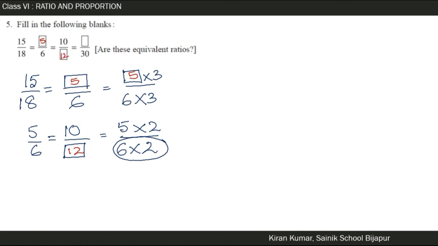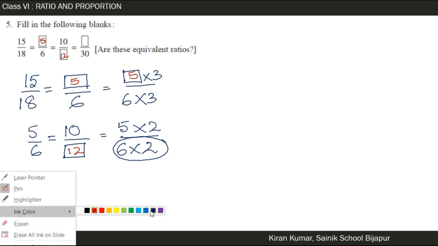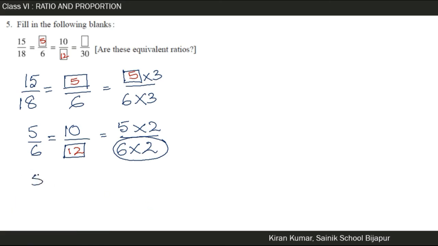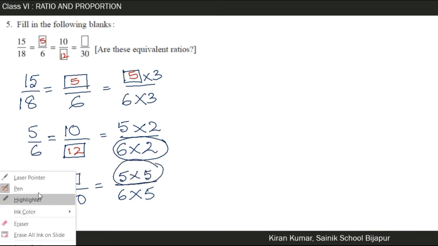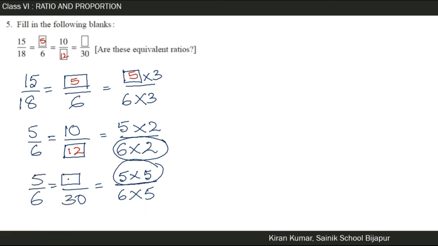Now let me consider again 5 by 6. This is equal to blank upon 30. We all know that when 6 is multiplied by 5, we get 30. So 5 has to be multiplied with 5. When 5 is multiplied by 5, we get 25. So this blank is 25.